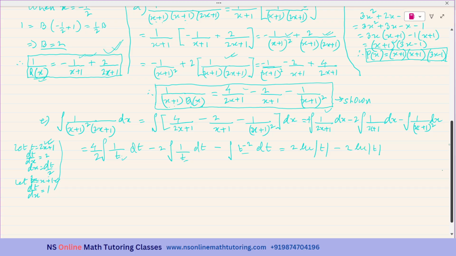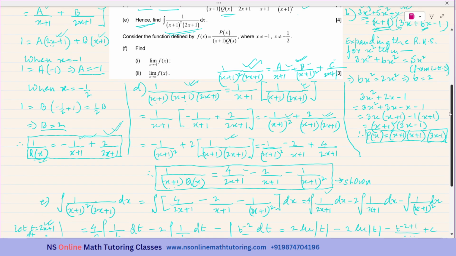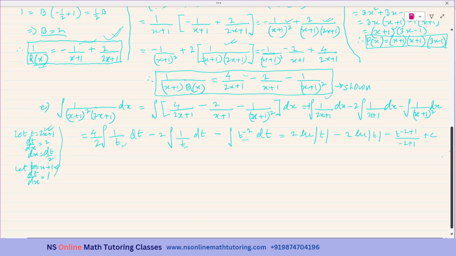and this is minus t to the power of negative 2 plus 1 over negative 2 plus 1, and of course there will be the plus c. Okay, so this is equal to 2 ln of 2x plus 1 minus 2 ln of x plus 1, and this is minus 2 plus 1 is minus 1, and this is minus 1, so this will be plus.